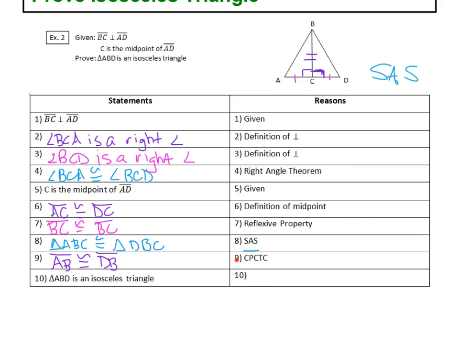Corresponding parts of congruent triangles are congruent. And now that we have these legs marked as congruent, we have enough information to say that triangle ABD, the bigger triangle, is an isosceles triangle. And how did we know that it would be? Because of our definition of isosceles triangle.